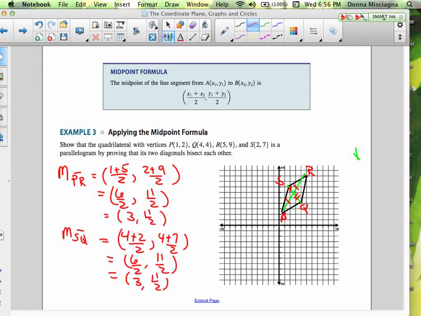So this is a parallelogram, since both diagonals have the same midpoint.